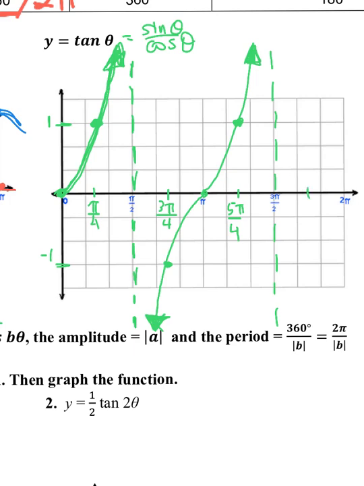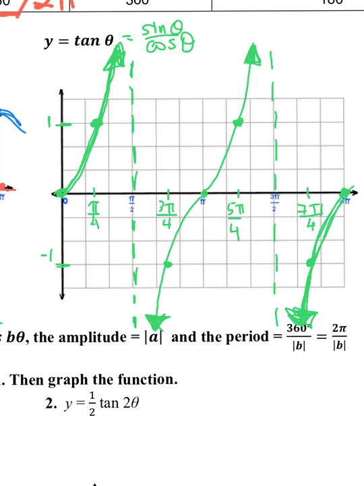Then at 7 pi over 4, we have sine is negative rad 2 over 2, cosine is rad 2 over 2, giving us a -1 ratio. And then at 2 pi, it's the same thing as 0. So we get another ratio of 0, giving us this graph going down to negative infinity on the right-hand side of this asymptote.